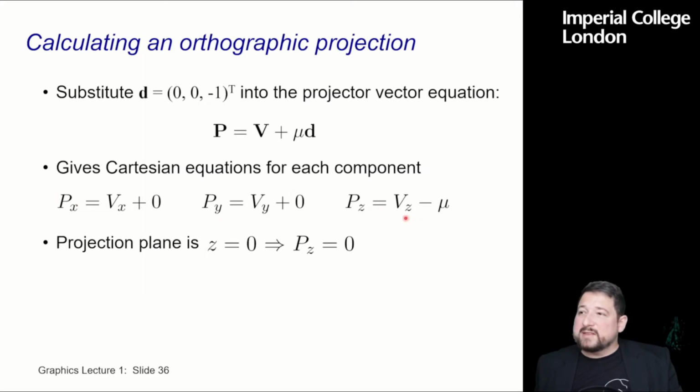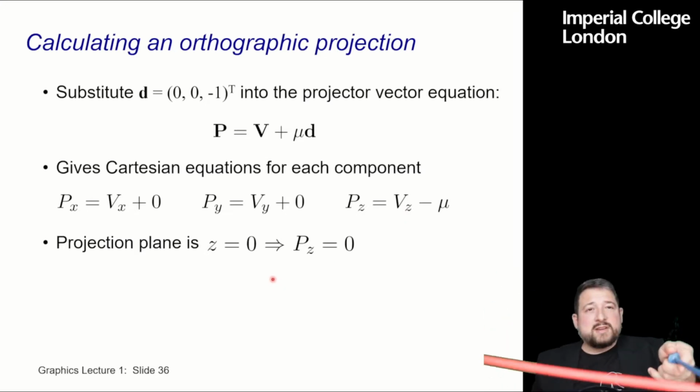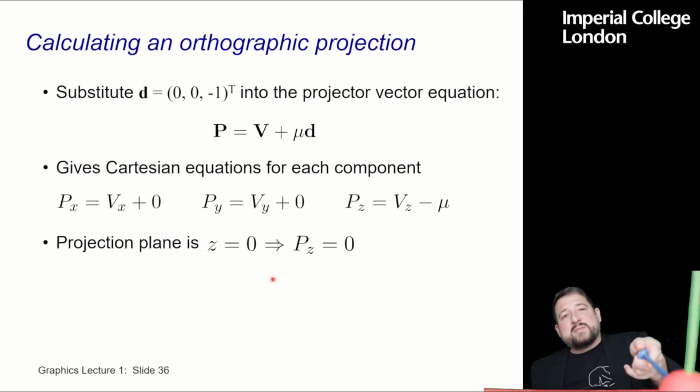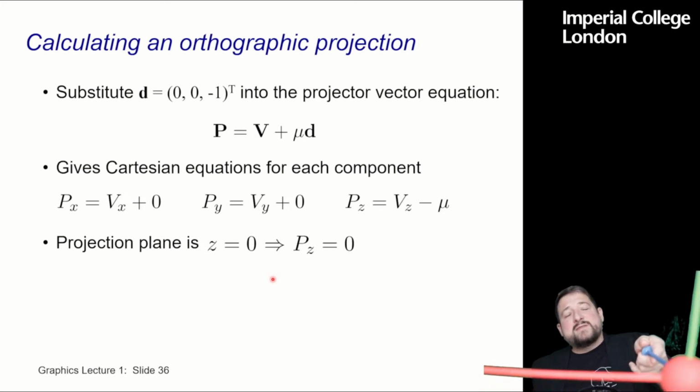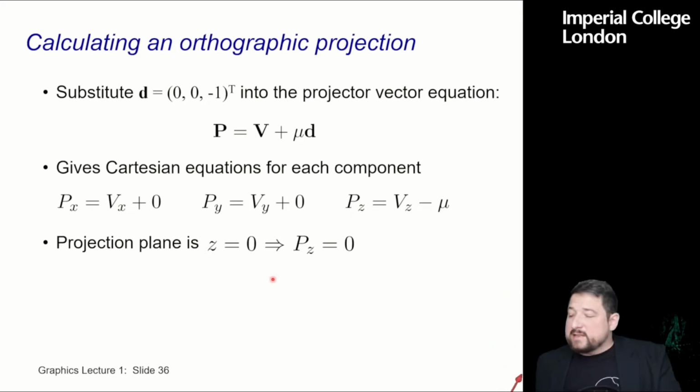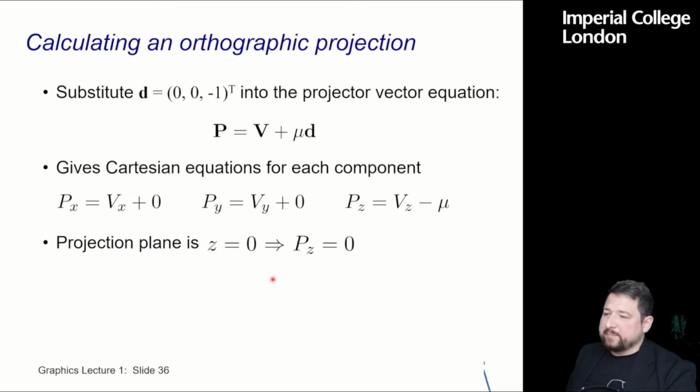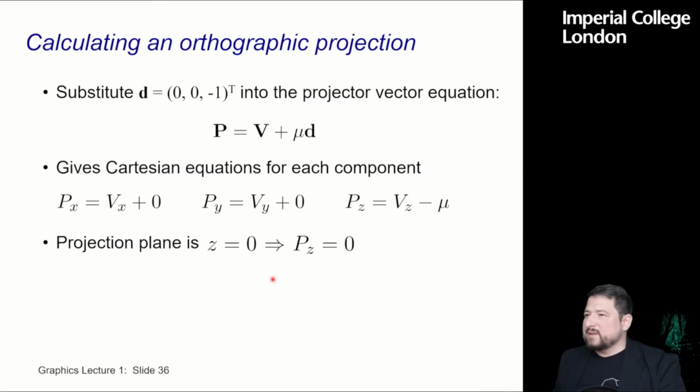You'll realize that pz will always be 0 in that setup, assuming all viewing rays are parallel and assuming that the origin is in your plane here and that projection plane lives at 0. And this makes things very, very easy. I don't need to calculate anything. It's trivial to compute this. You will be very fast computing things like that, so it's very efficient as well.